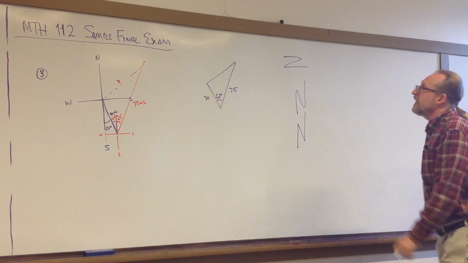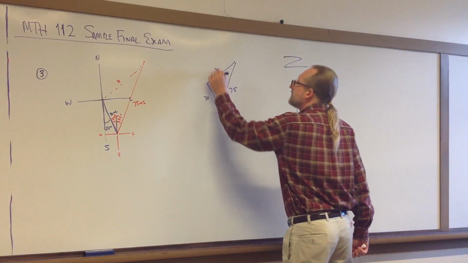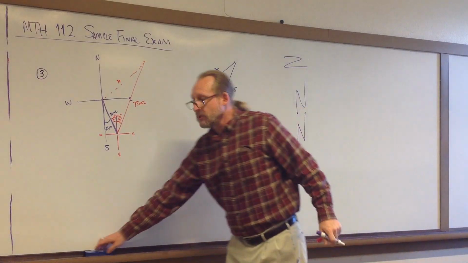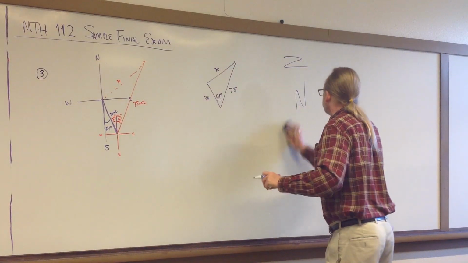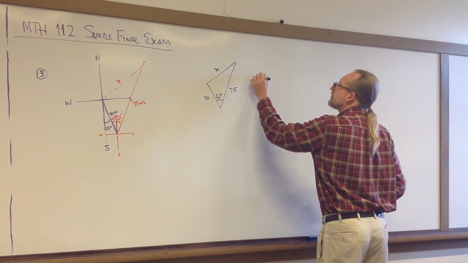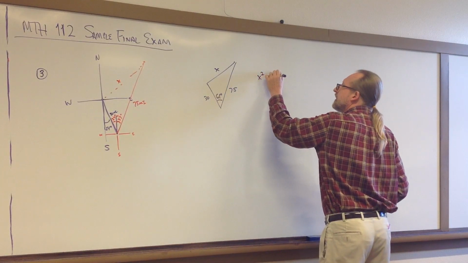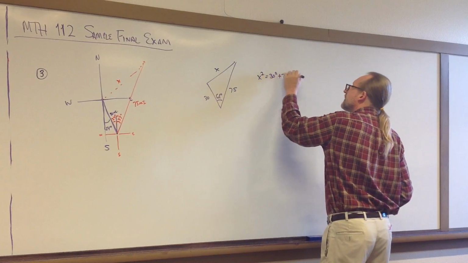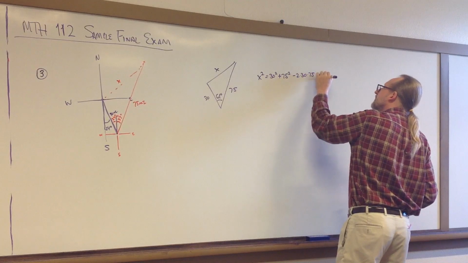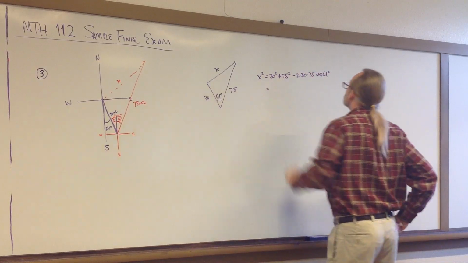Okay. So now we've got two sides and an angle between them in this triangle, which says that we can use the law of cosines to find this value x. So we'll say x squared is 30 squared plus 75 squared minus 2 times 30 times 75 cosine 61 degrees.